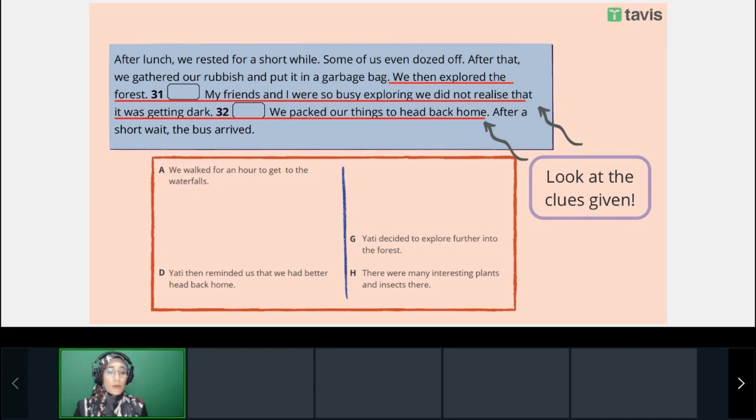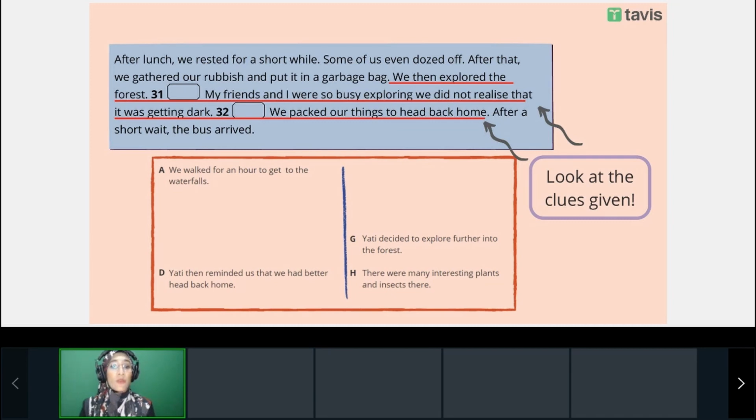So the clue mentioned here, we then explored the forest. So they went for an exploration, right? They wanted to discover the forest. So what do you think happened? Is it interesting plants? Maybe. Or is it this one? It could be too.